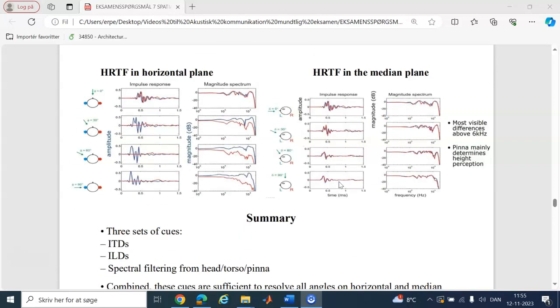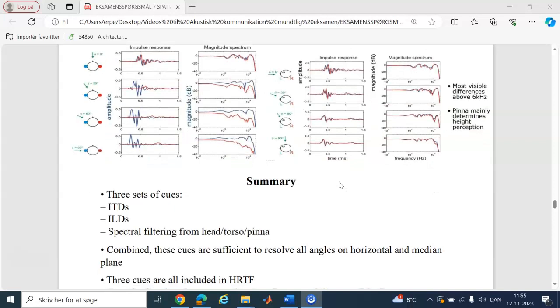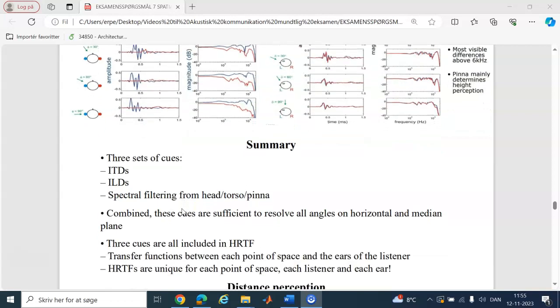A bit of summary: three sets of cues: ITDs, ILDs, spectral filtering from head, torso, or pinna. Combined, these cues are sufficient to resolve all angles in horizontal and median plane. Okay.